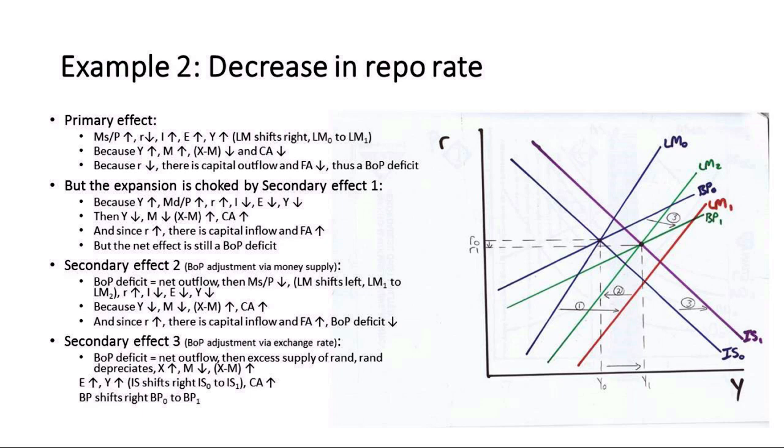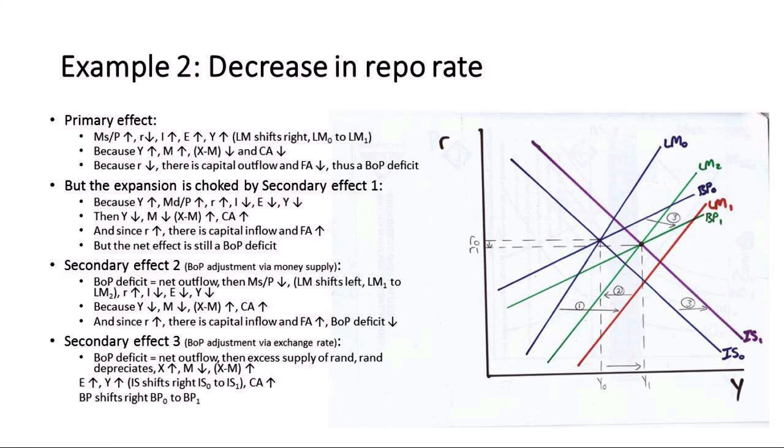So this balance of payments deficit means that there's a net outflow of capital. That means that the money supply is decreasing, and the LM curve now shifts to the left from LM1 to LM2. That means that interest rates are pushed up, investment is slightly less, expenditure is less, and incomes are reduced. Because incomes are reduced, imports are limited, and the current account position improves.